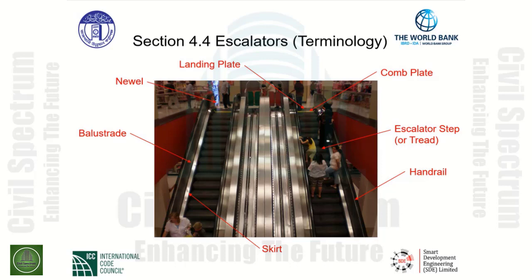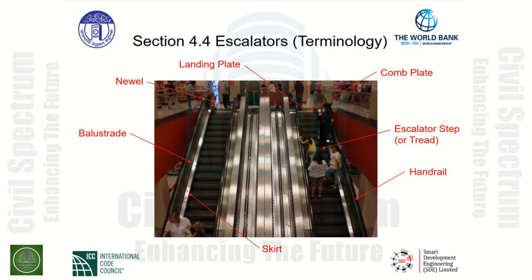An escalator is defined as a power-driven, inclined, continuously moving stairway used for carrying passengers from one level to another. The balustrade is considered a row of balusters meant for supporting moving handrails. The comb plate is a pronged plate that forms part of an escalator landing and engages with the cleats of the steps or treadway at the limits of travel.